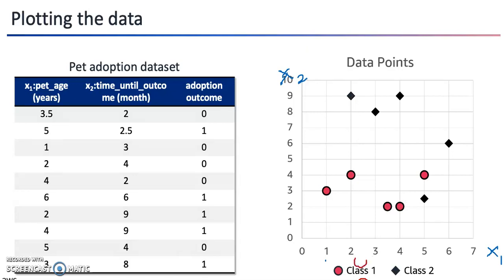That represents the value of 0 in the target, or this feature of outcome of adoption, representing there was no adoption, and the value of 1 is represented with the color black and the shape of a diamond, right? So this encoding already took place and is encoded with binary.